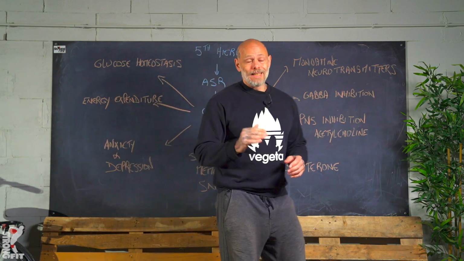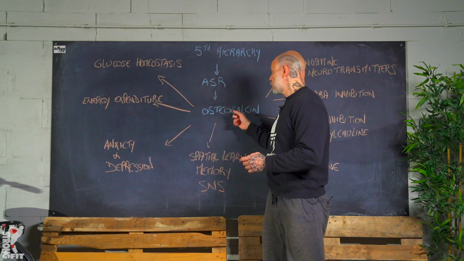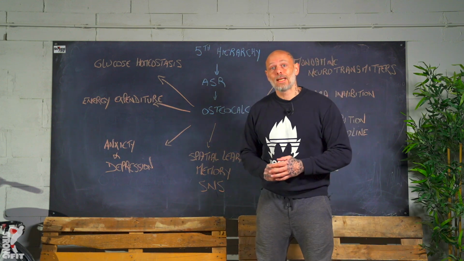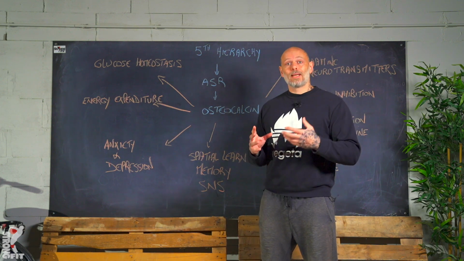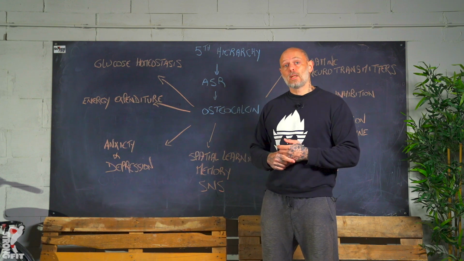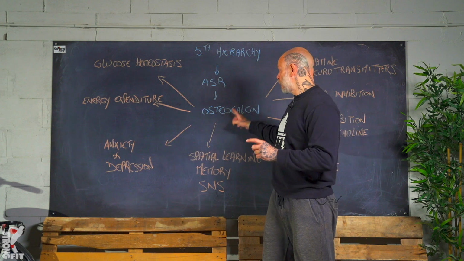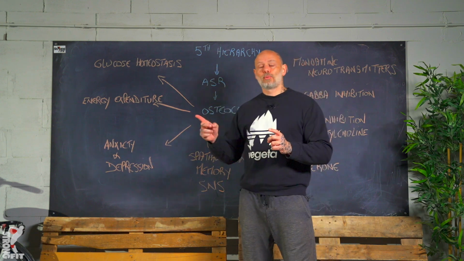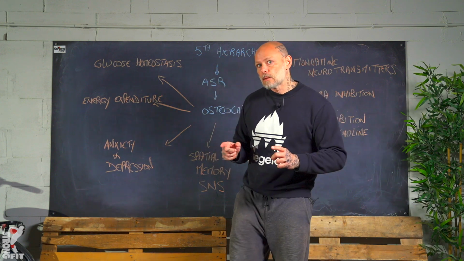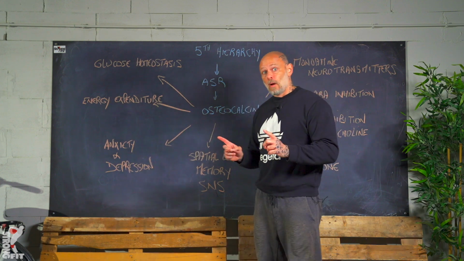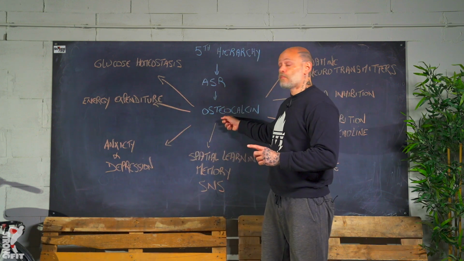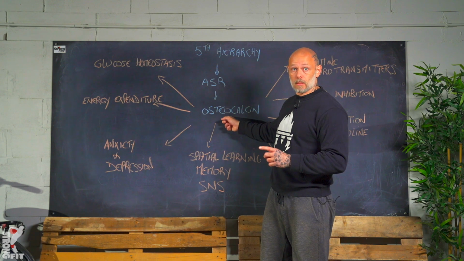We saw that there's a correlation between the levels of osteocalcin and the levels of glucose and insulin sensitivity in the blood. So literally, we saw a correlation between the levels of osteocalcin and pre-diabetic or diabetic mice, right? It was that big of a relationship. Low osteocalcin meant diabetes, right?